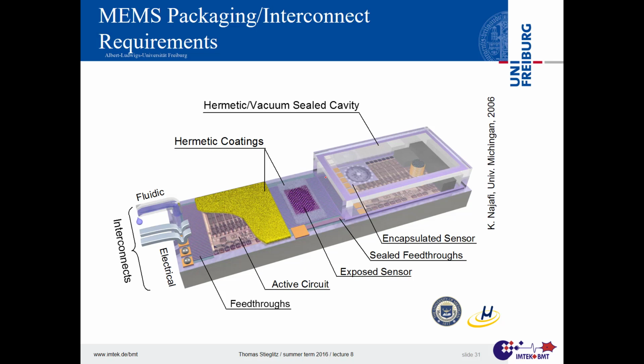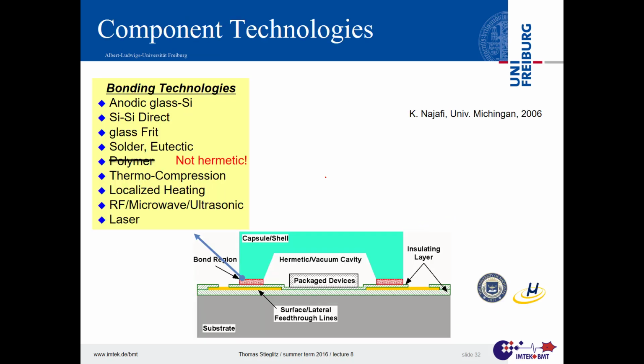If you do that, they had the idea, can't we put a micro glass package on that? And the question then is twofold. One thing is, is it hermetic? And B, how to assemble that so that it really sticks. And there are many bonding techniques.